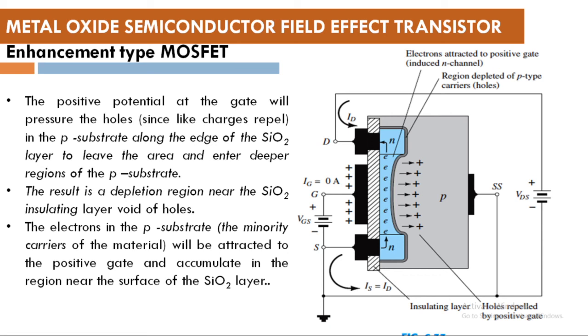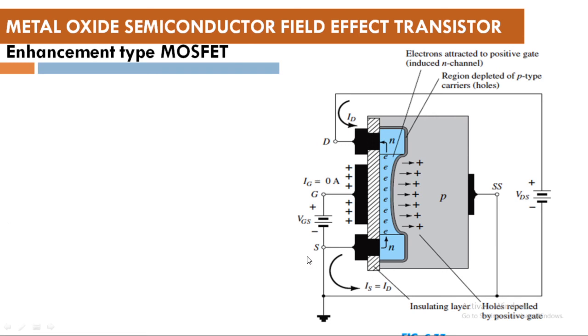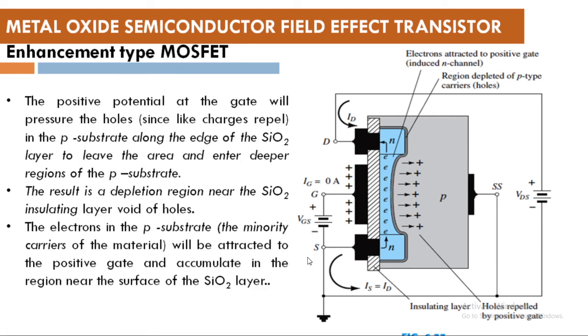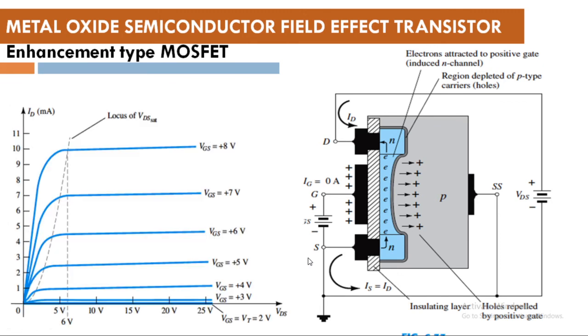So before you can make this particular MOSFET work, you will have to provide a potential which is above the threshold potential, so that the current starts conducting between drain and source. So this is the main difference between a depletion type MOSFET and an enhancement type MOSFET.